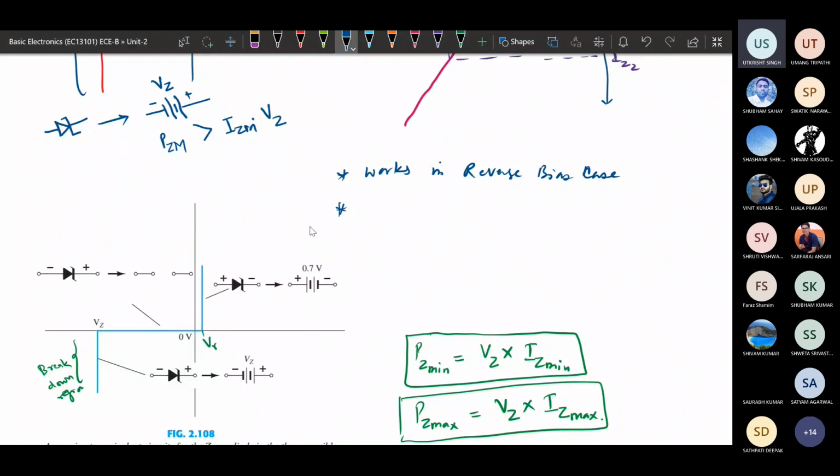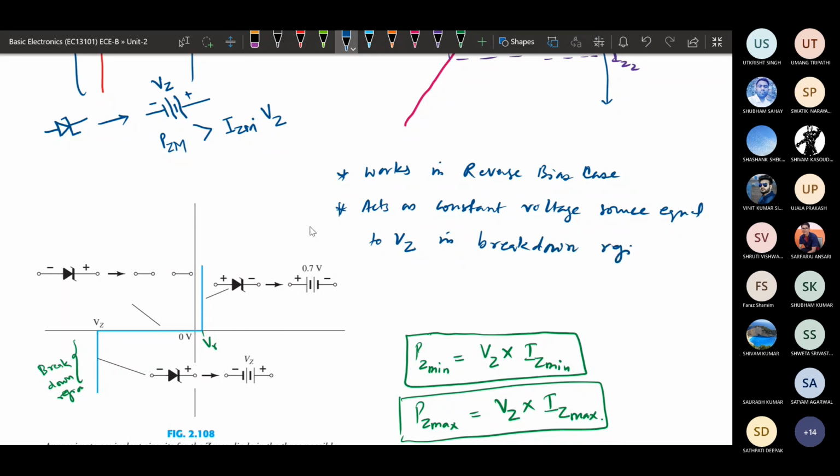Also we can notice it acts as a constant voltage source equal to VZ in reverse or in breakdown region. It behaves like a constant voltage source, VZ, in breakdown region.